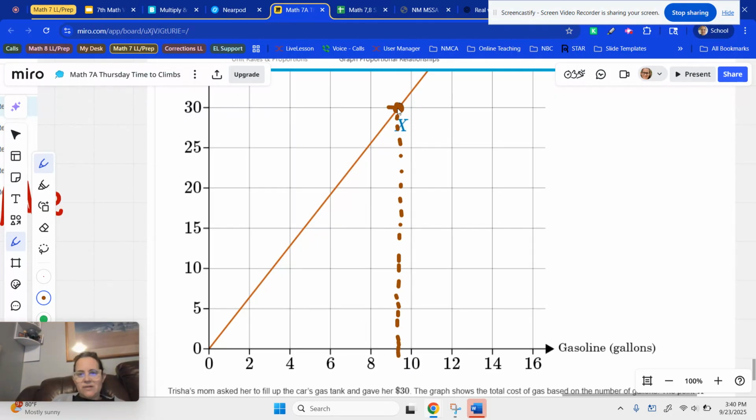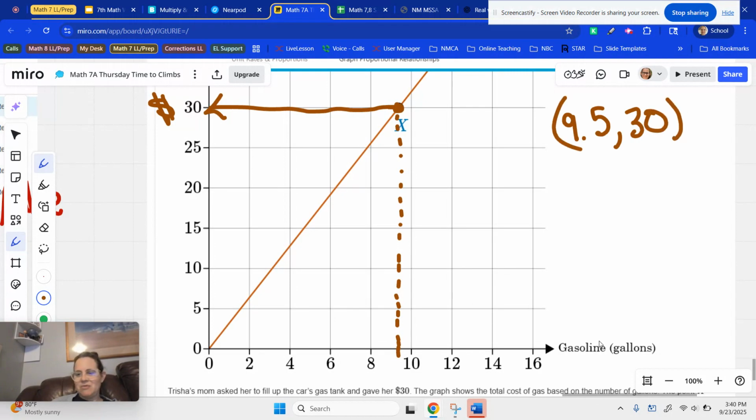And then we can see that the y value here is 30. And that's representing the $30. Okay, so I don't know where this point is. It's like 9.5 and 30 on the grid there.